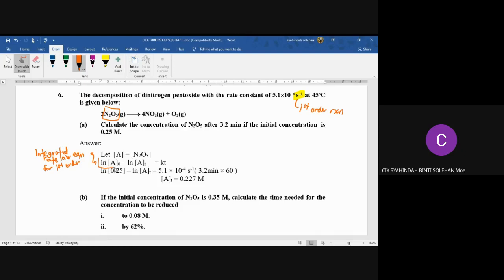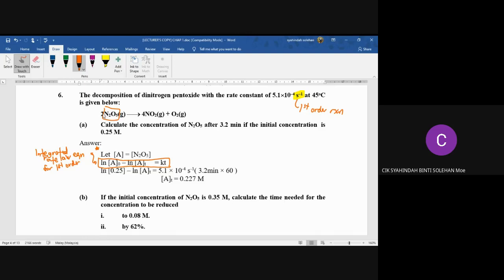Natural log concentration of your reactant initial minuskan dengan natural log concentration of your reactant final equals to kt. Kat sini dia dah bagi tahu siap-siap dah. Let concentration of A is equals to concentration of reactant N2O5.